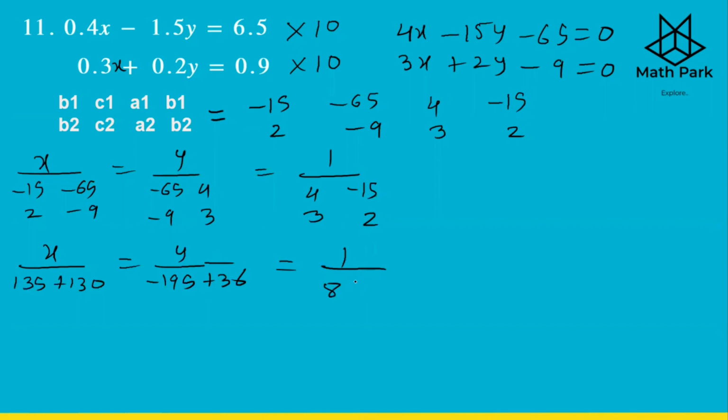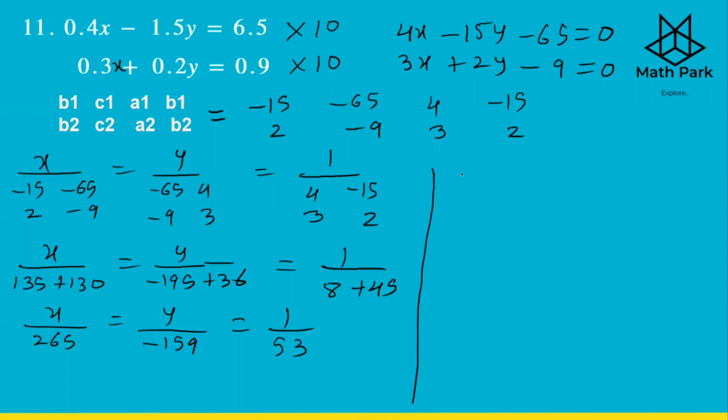Minus of minus becomes plus 45. So this is how we get x upon 135 plus 130 is 265 is equal to y upon, we subtract here 135 minus 36 we do, and we give the negative sign. So we get minus 159 is equal to 1 upon, we get this as 8 plus 45 is going to be 53.